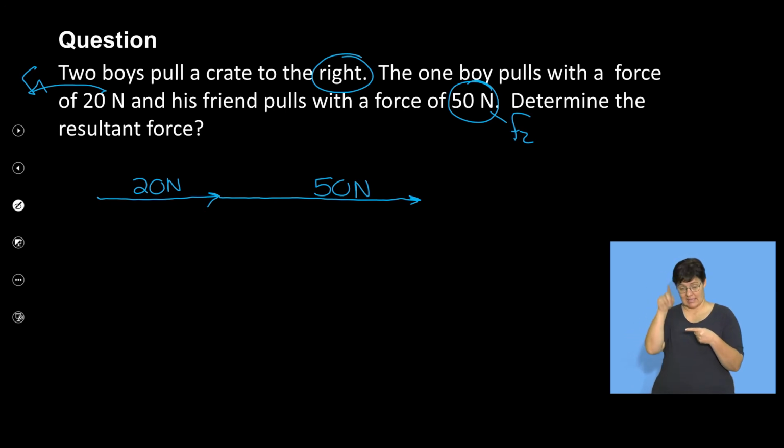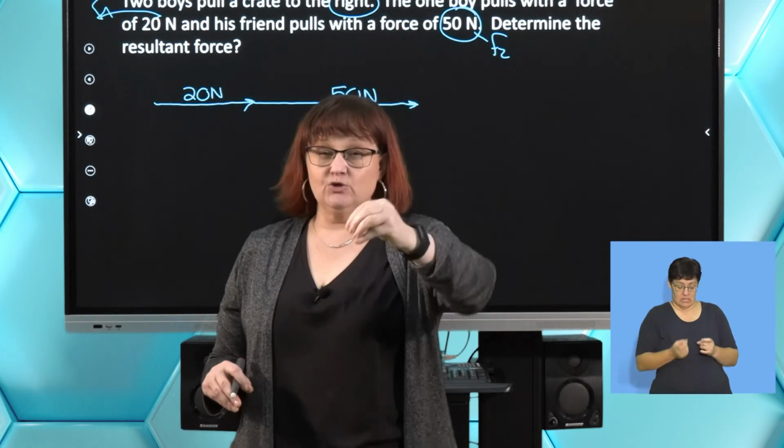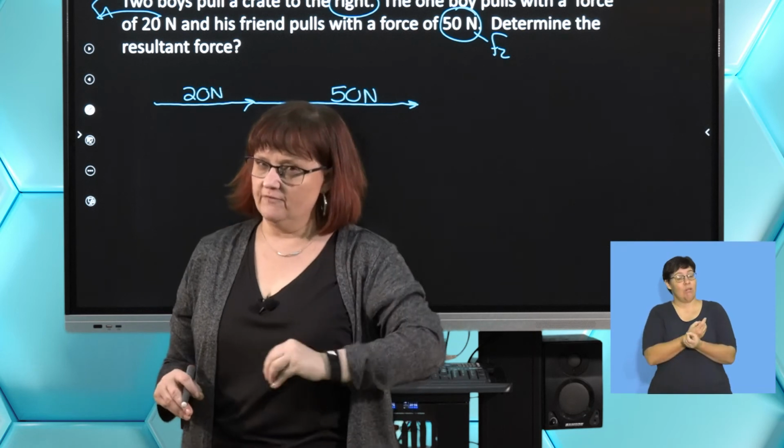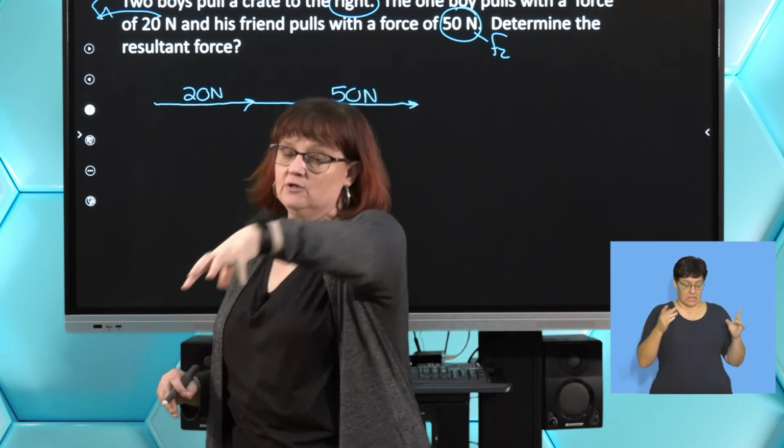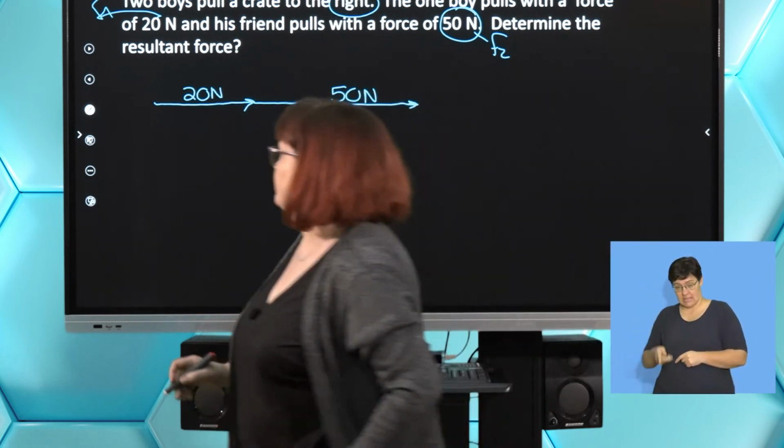My resultant is always from the beginning of the first one to the end of the last one. You have to get that stuck in your brain because you're going to use it lots over the next few years, okay? From the beginning of the first one to the end of the last one.